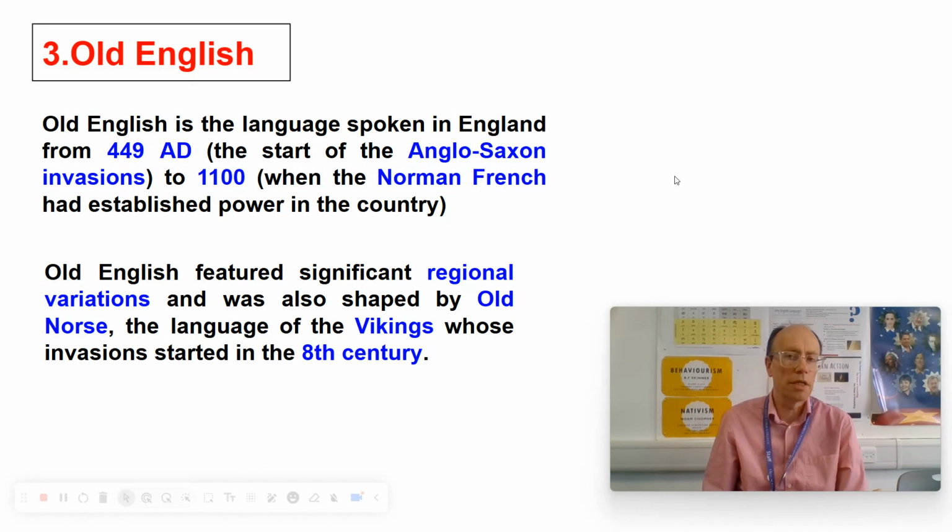You had not only the language of the Anglo-Saxon Jutes, but also mixed in there the language of the Vikings, who brought with them Old Norse, and some of the most common words that we have today come from that language, like for example they, T-H-E-Y, the third person plural pronoun.